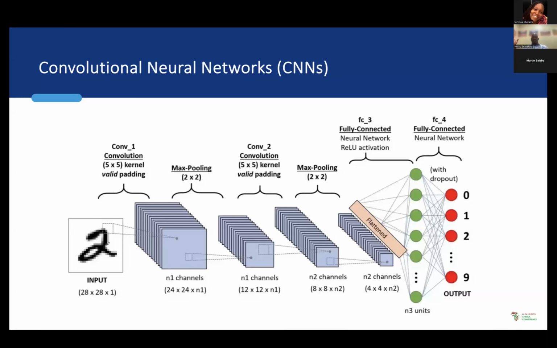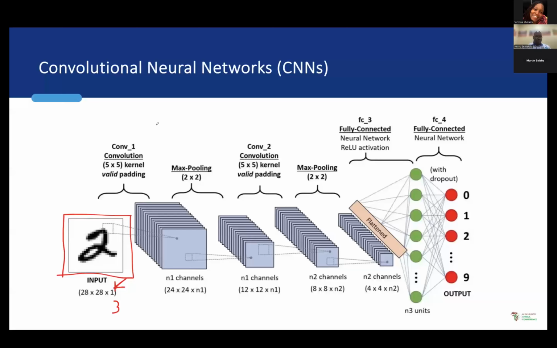I'm just giving an example. So you need to take that scan as the input. In this example, the input image is 28 by 28 by 1. The 1 is representing that this is a gray image. It's not a colored image. If it had color, the value could be 3.